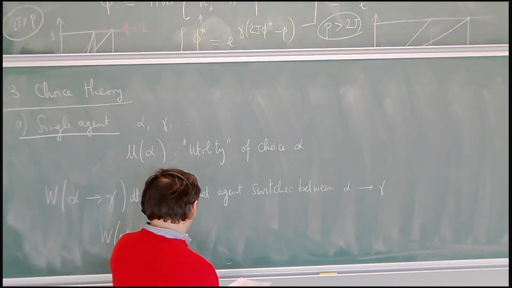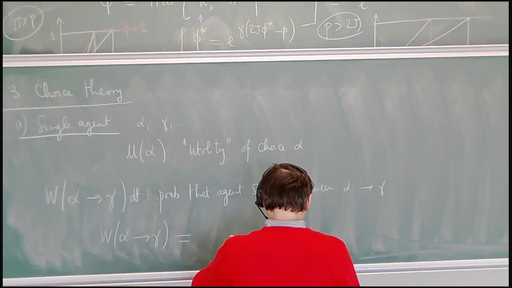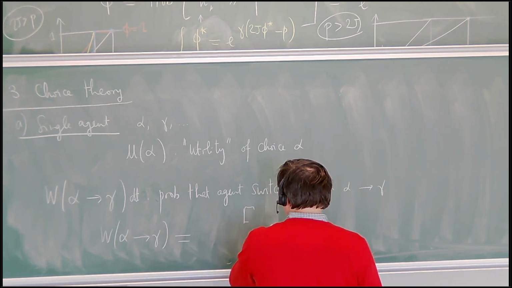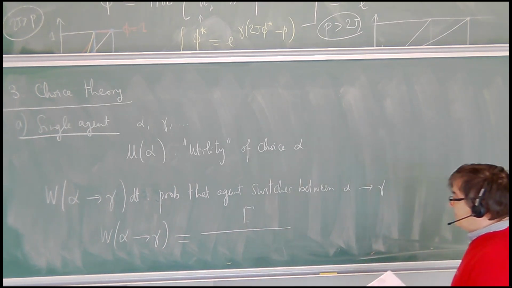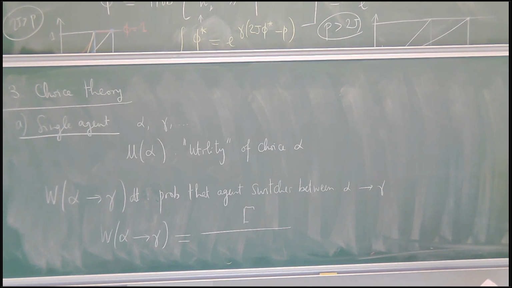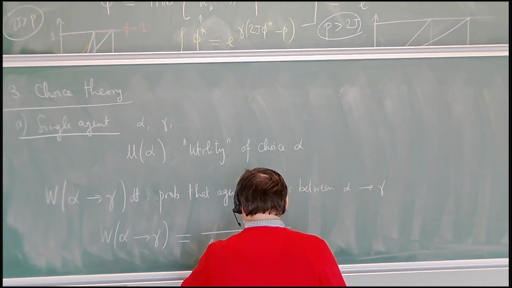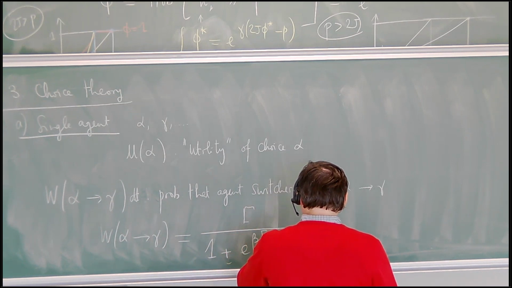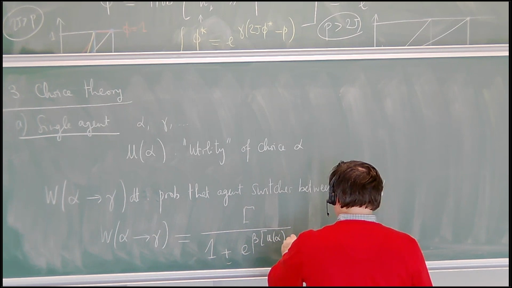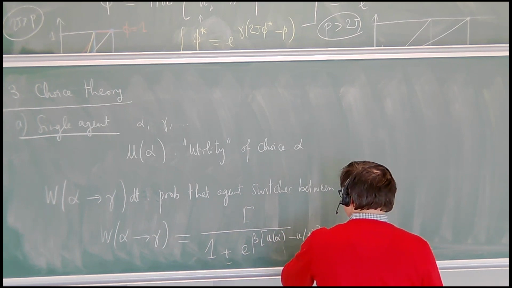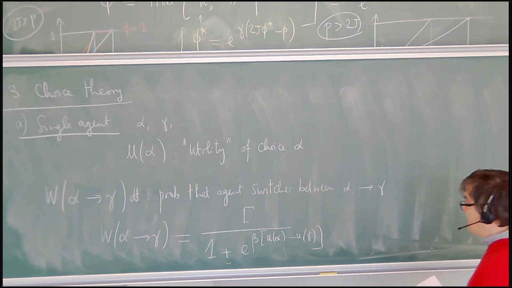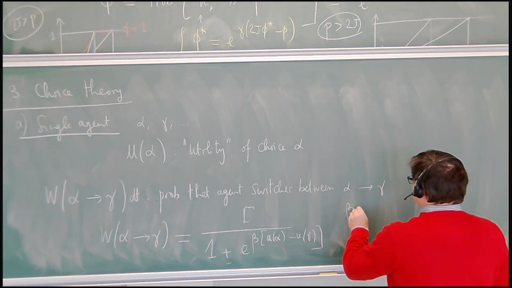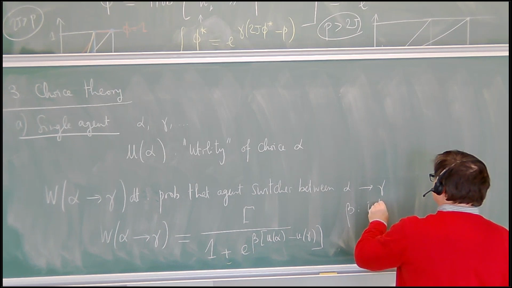But the idea here is to assume that this is given by some rate gamma, which is an object that has a dimension of 1 over a time, so it's an intrinsic rate, divided by 1 plus exponential of beta times U alpha minus U gamma, where beta is a certain parameter, which is called the intensity of choice.